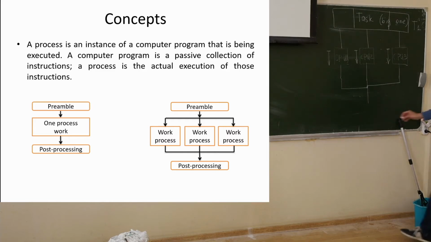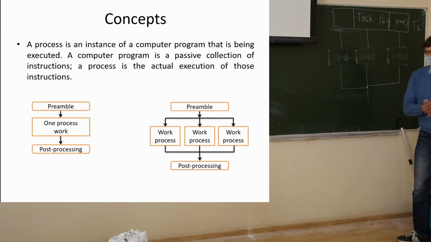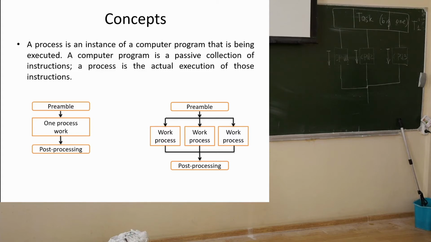So once more, a process is a running application, or in other words, a computer program that has been executed. If you run your task using MPI, that means one part of your task will be executed by one process, another part by another process, a third part by a third process, and so on.